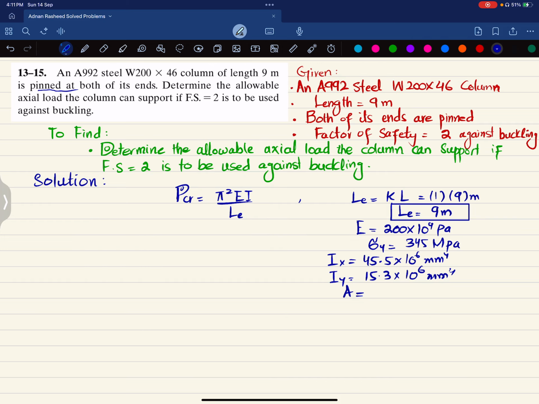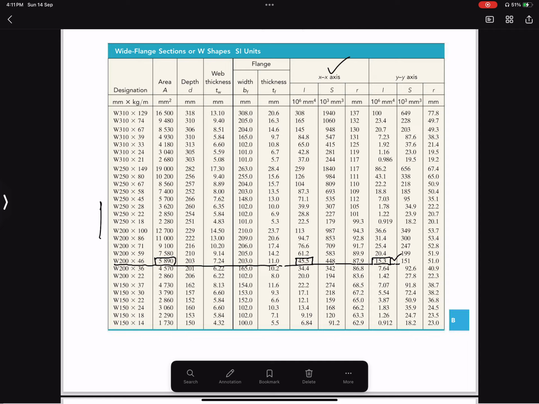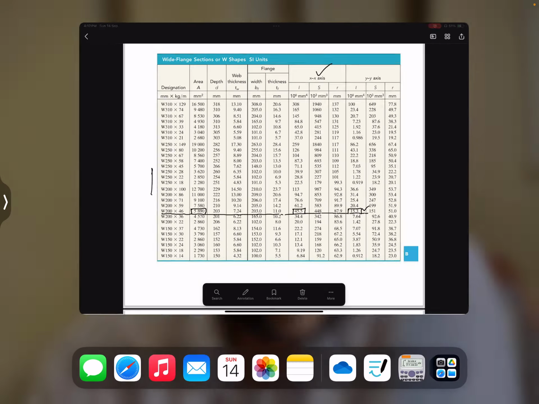And what is the value of the area? The area is 5890 millimeter squared.